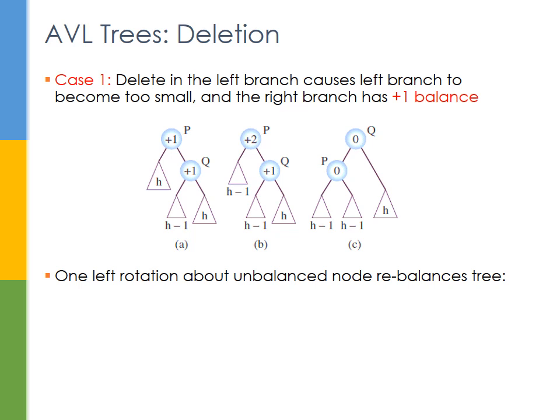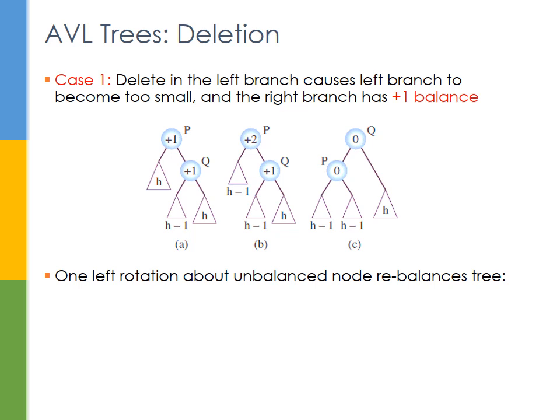The first case is where we are deleting a value in the left branch, which causes this left branch to then become too small and then creates an unbalanced tree, which is indicated by an invalid balance factor.